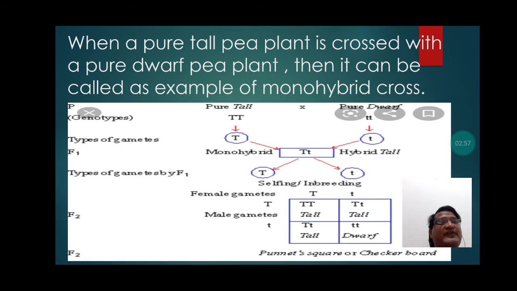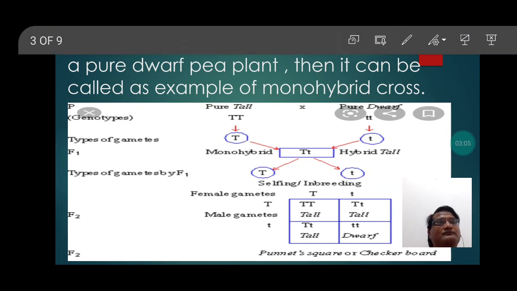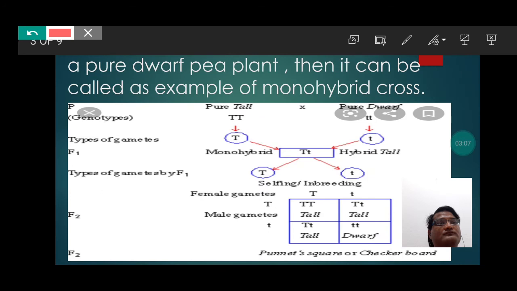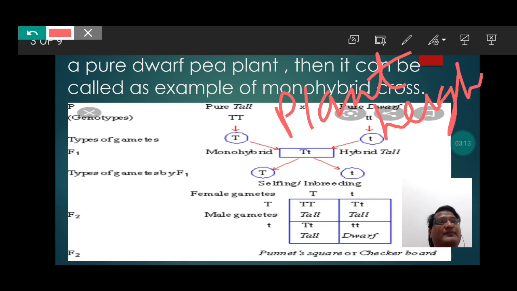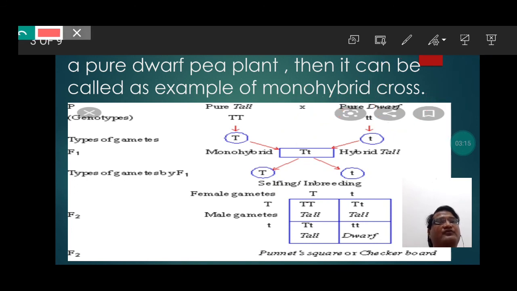So students, the trait which is considered here is the plant height. In this cross, the plant height is being considered. The plant height is the only feature here, and that is why we can say it is a monohybrid cross.